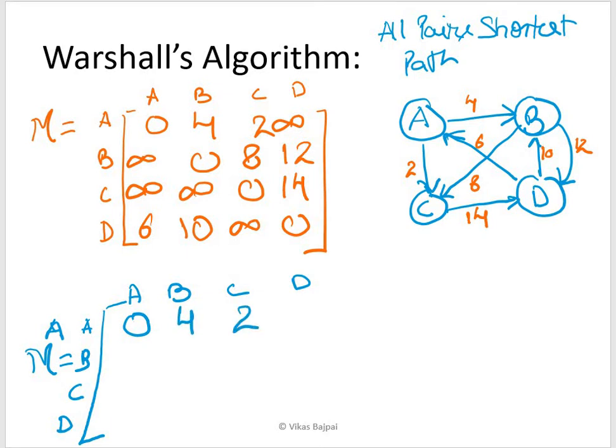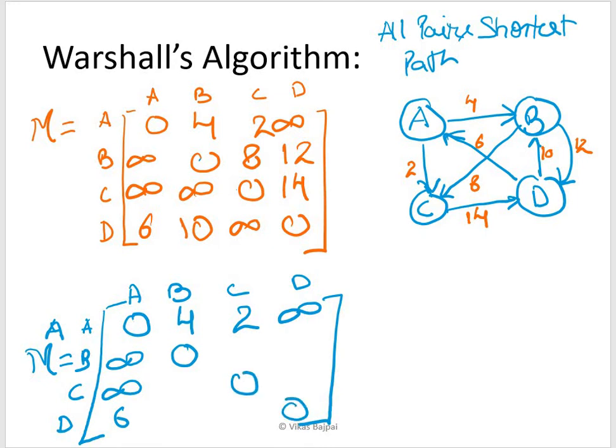The rest remains as it is. The first column should also be as it is. And for the rest of the values, the diagonal elements which were there previously will remain as they are, because I don't have any self loops.